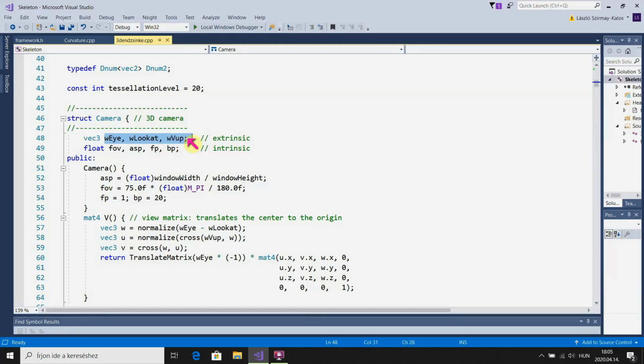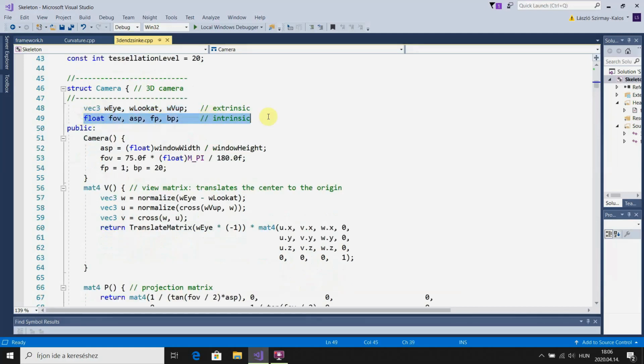We are calling it preferred because the algorithm will automatically take care of checking whether this vector is orthogonal to the optical axis of the camera, and if it is not, only that component is used from this preferred up direction which is really orthogonal to the optical axis. The optical axis is in between the eye and the look at points.